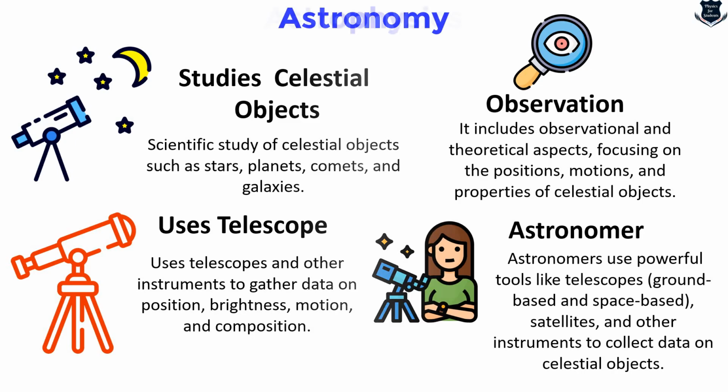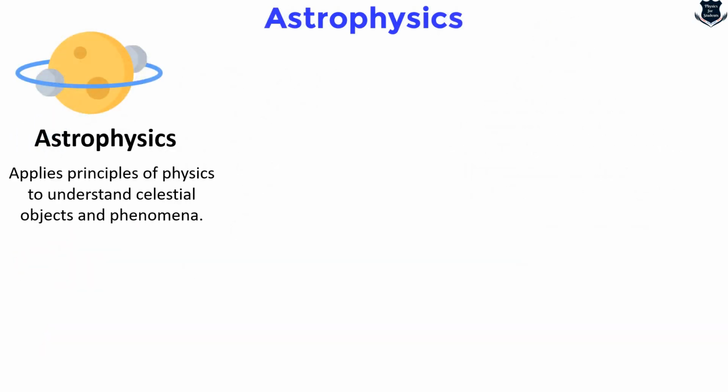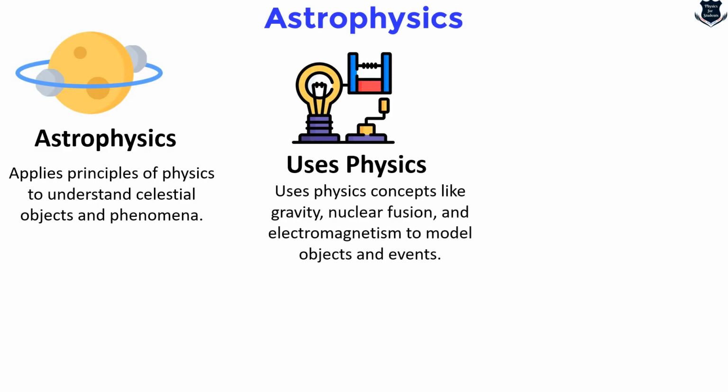Now what about astrophysics? As you can see, the word astrophysics itself uses physics. So it uses the principles of physics to understand these celestial objects and phenomena. It definitely uses physics like gravity, nuclear fission and different other physical phenomena and models which include electromagnetism and others. And who are the people who do these things?